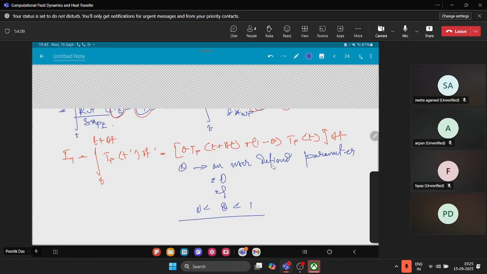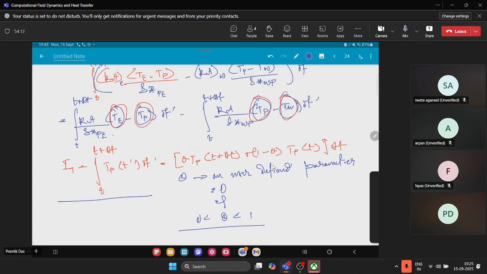So we are defining the integrand in that manner, which is basically a function of Tp at T plus delta T, the temperature at point P at the next time step, weighted by theta, plus 1 minus theta multiplied by TpT. So TpT is basically your temperature at point P at time T. Okay. So is it clear to all of you?